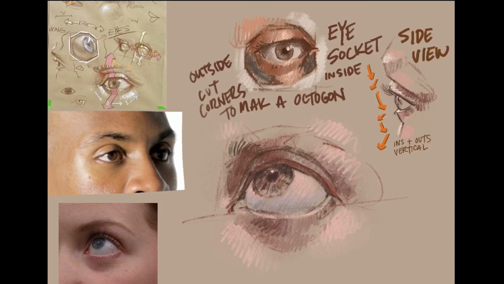Your eyes slightly sweep back from inside to outside. That's something that sometimes needs quite a bit of attention as you draw it. So I think we're nearly finished with this part.